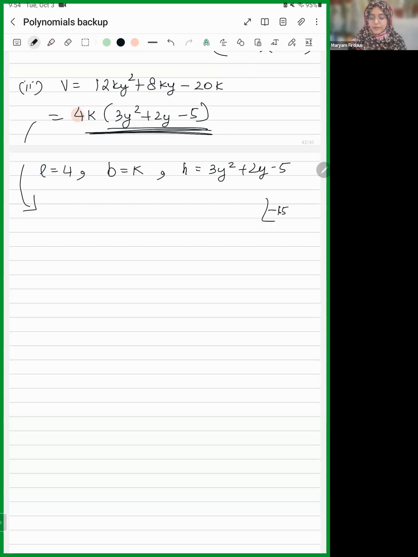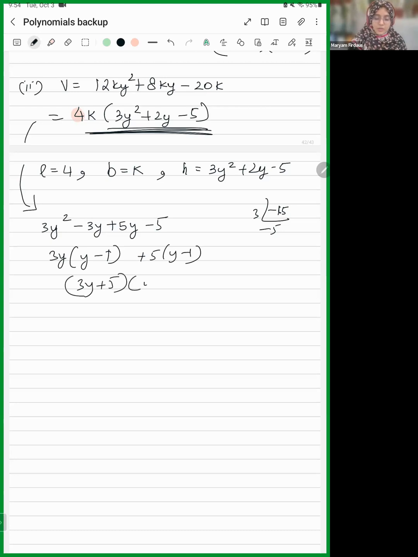3 fives are 15, right? Okay. So this is going to be 3y square minus 3y plus 5y minus 5. So 3y into y minus 1 plus 5 into y minus 1. 3y plus 5 into y minus 1. So this is your thing multiplied with 4k.